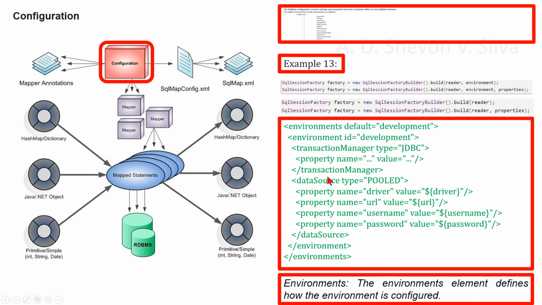With the transaction manager, there are two transaction manager types, JDBC and MANAGED, that are included with MyBatis. JDBC: this configuration simply makes use of the JDBC commit and rollback facilities directly. It relies on the connection retrieved from the data source to manage the scope of the transaction.